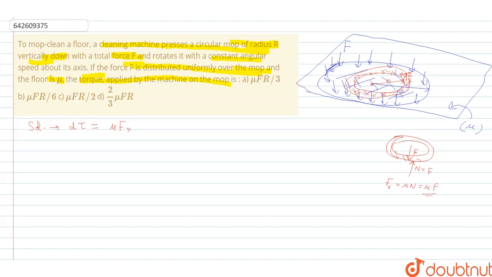We always must remember that this friction is on the surface, parallel to the surface and normal to the direction of vertically applied force. So this friction is only involved for creating the torque by the machinery.